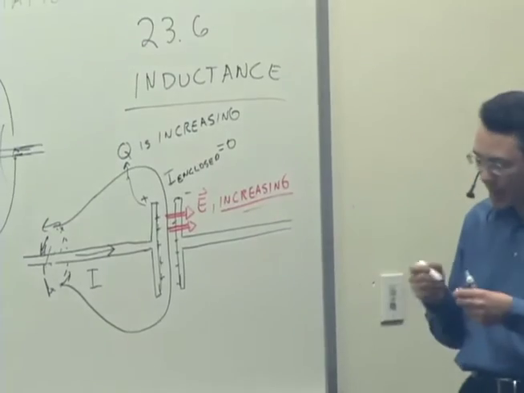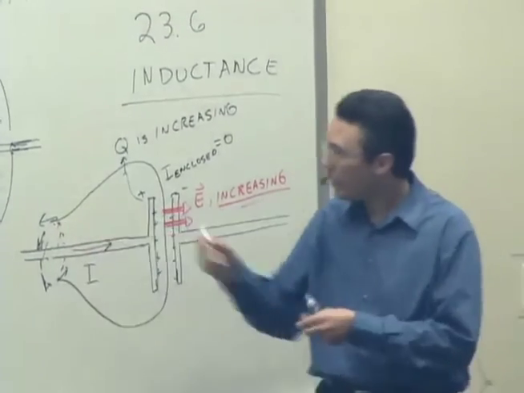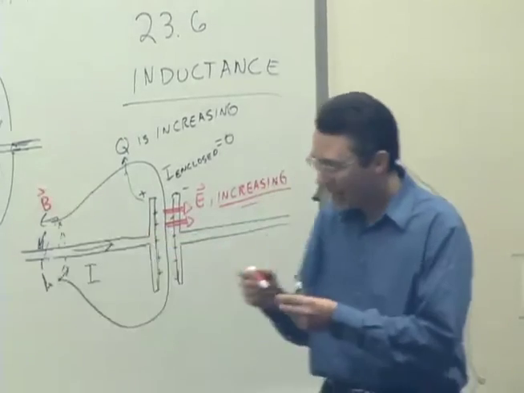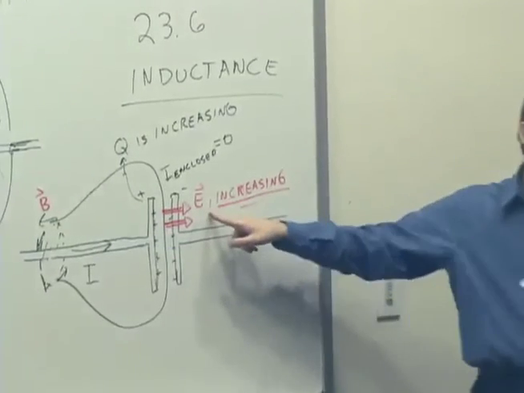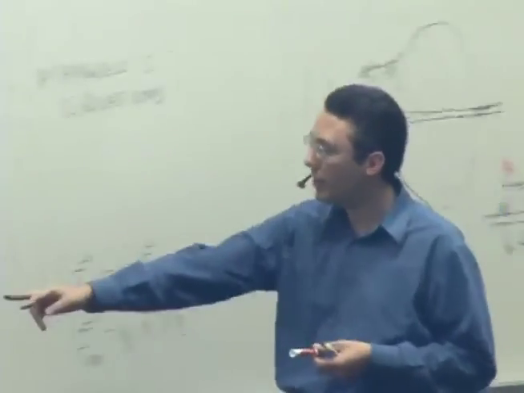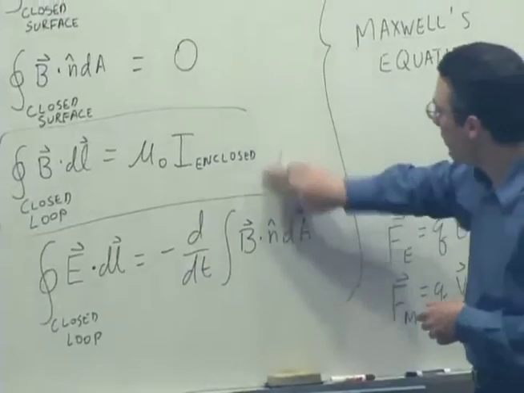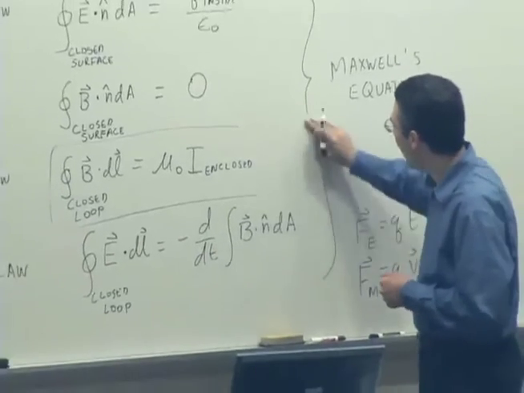And so Maxwell realized that we can get a curly pattern of magnetic field, this is B, if we have a changing electric field, just as we got a curly pattern of electric field if we have a changing magnetic field. And so Maxwell realized that Ampere's law has to be corrected, and we have to add a term onto it.